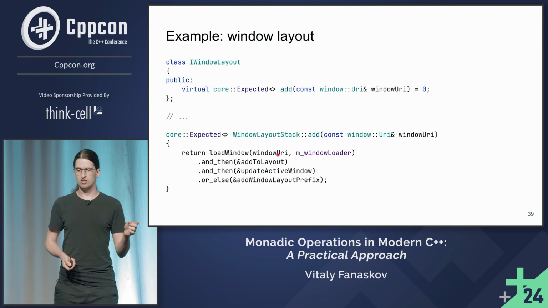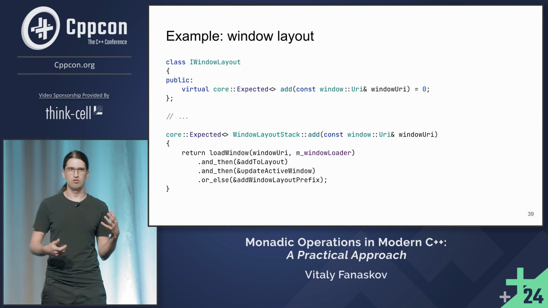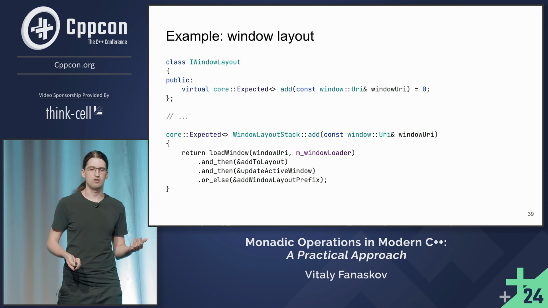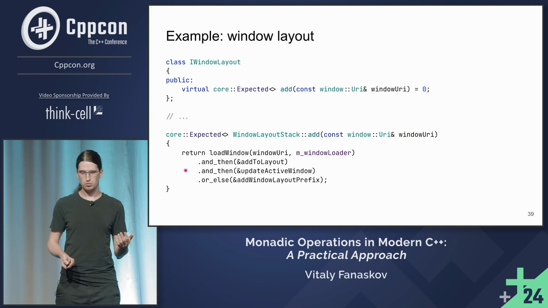Then we add it to the layout, update the active window, and if there is some error, we add a certain prefix to the error because we want to track where this error happened, to understand that it happened at the windows stack layout. That's how the code can look inside. So, composition of functions, and then you can return, because the interface also has an expected object.